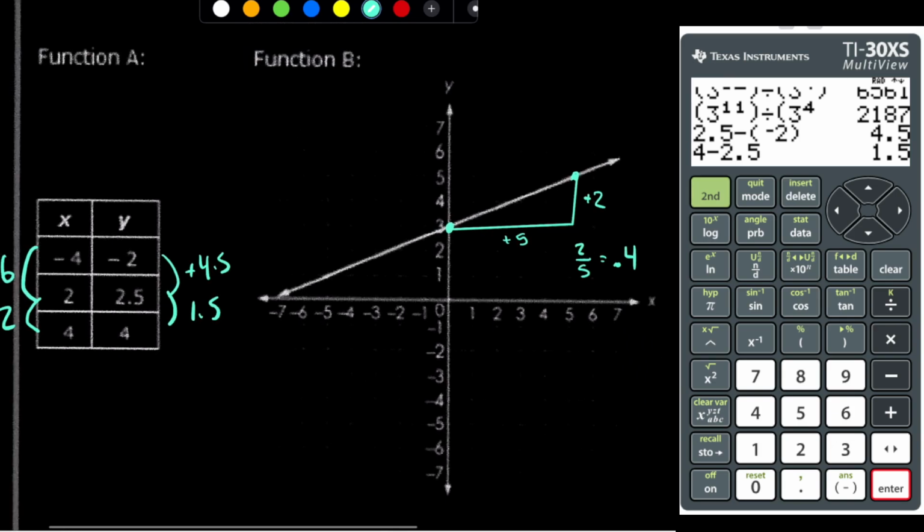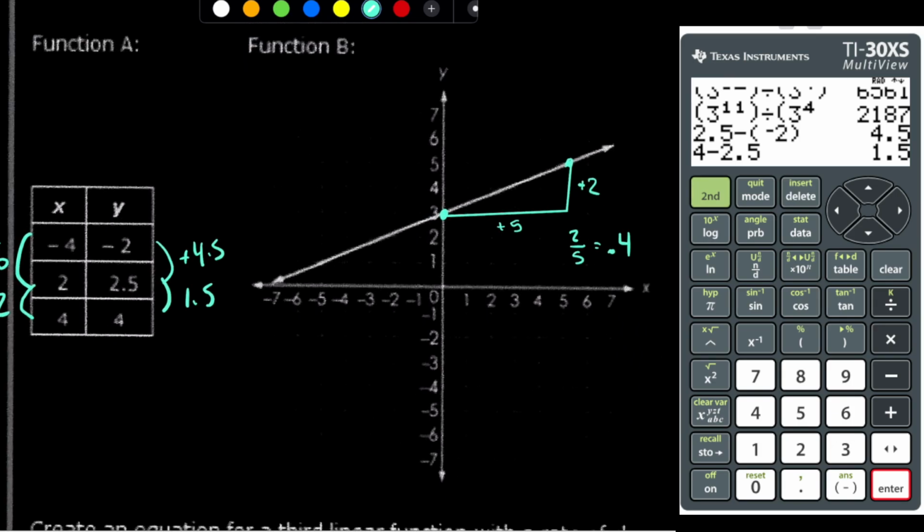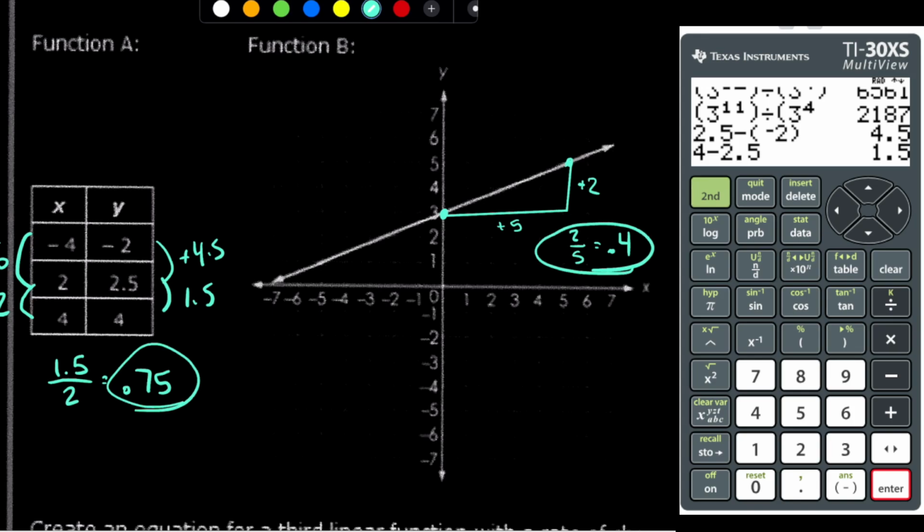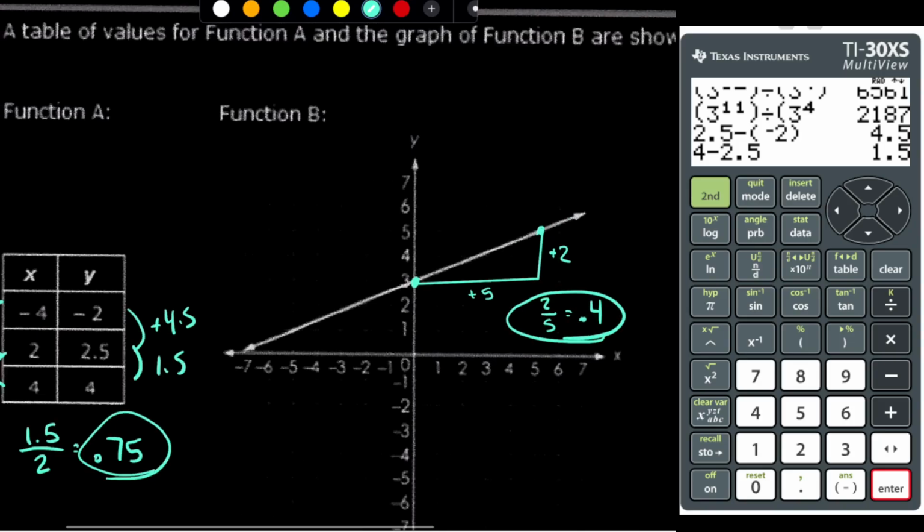Here on function A, your slope would be 1.5 divided by 2 or 0.75. Okay. So with that information, we know that it has to be bigger than 0.4, smaller than 0.75.